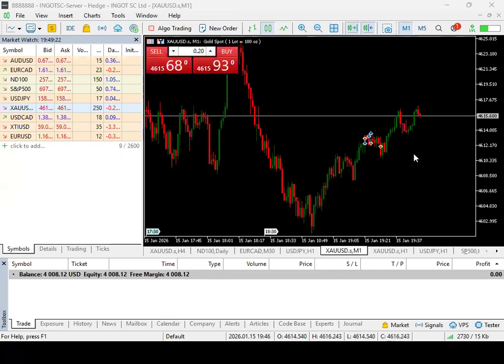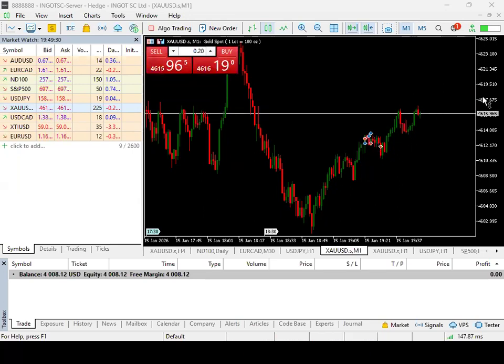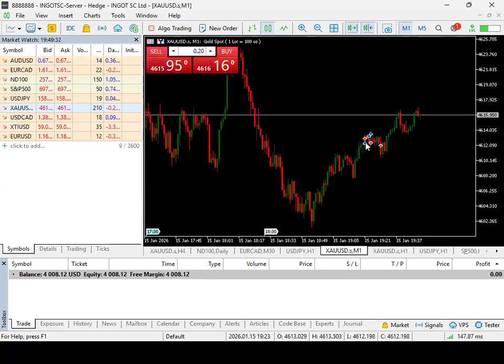If the market hits stop loss, you're out with a loss. If it hits take profit, you're out with profit. Or sometimes you can close it manually: if you see the market is changing direction, you can just close it and get out. Okay. How do you set multiple take profits?